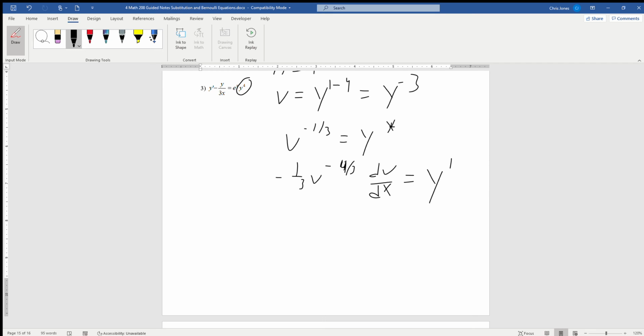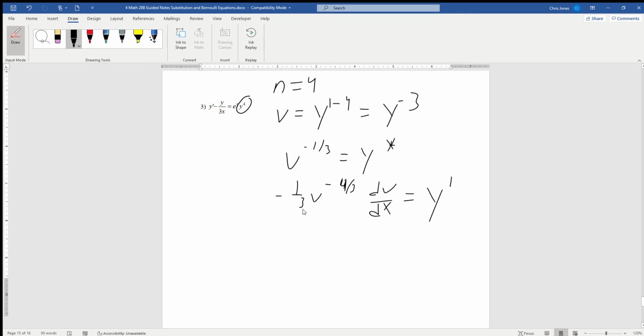All right. So now we can substitute for everything. Right? So when we substitute, we're going to get minus 1/3 v to the minus 4/3 dv dx minus, now I'm going to separate this y. So remember, y was equal to v to the minus 1/3.